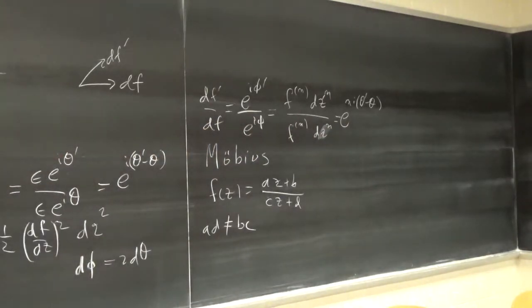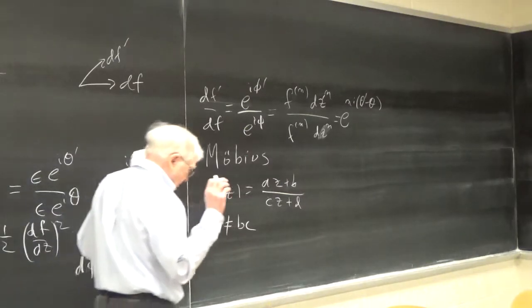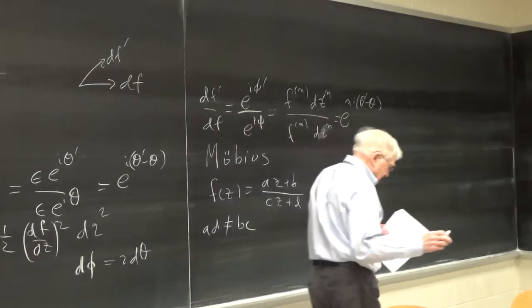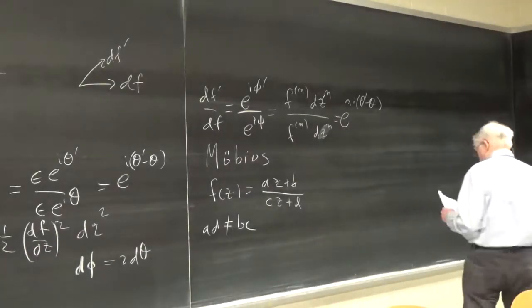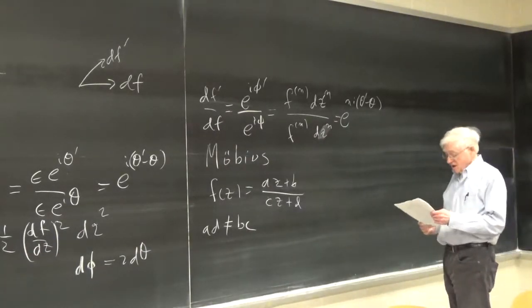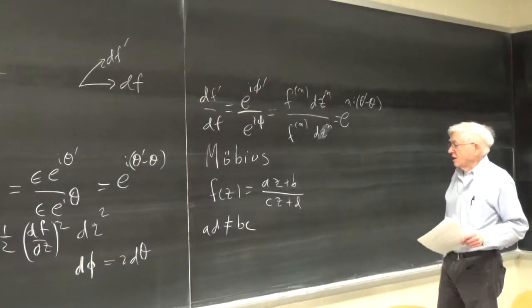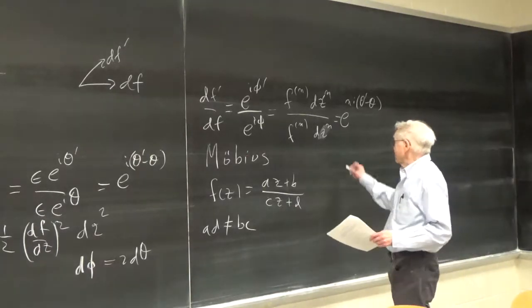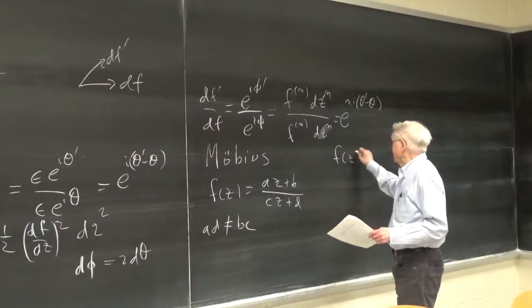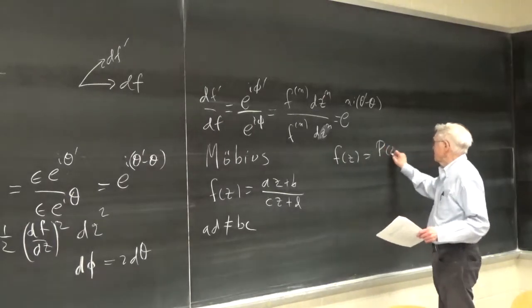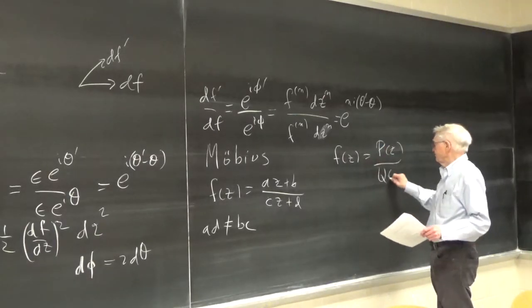Anyway, so these are finite conformal transformations. In Euclidean 2 space, the new coordinates x0 prime, x1 prime are analytic or anti-analytic functions of the old coordinates x0 and x1. However, in general, an analytic function might look like p of z over q of z.